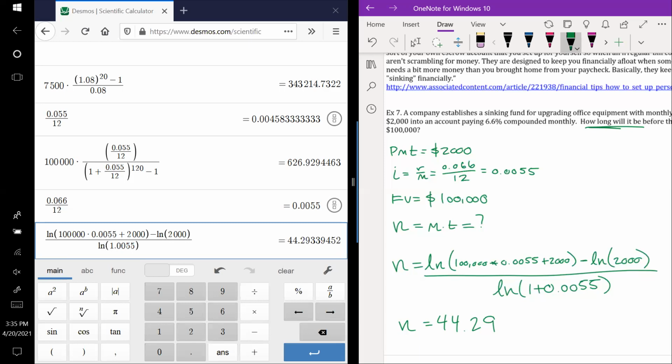Okay, but we're not done, because remember, I said that N is also the formula M times T, compounding times time. Well, guess what? We know how many times we're compounding. So this formula is actually not MT, it's going to be 12T.